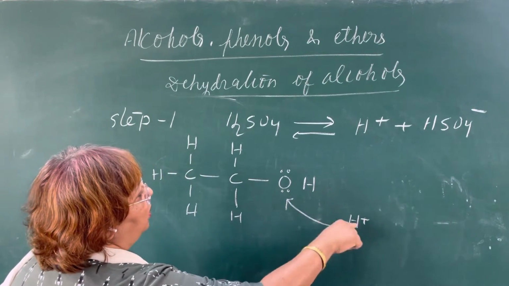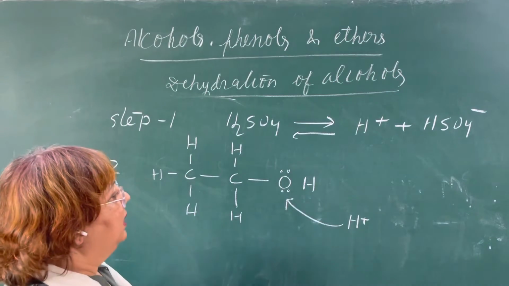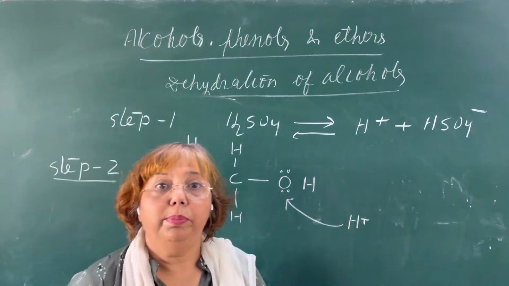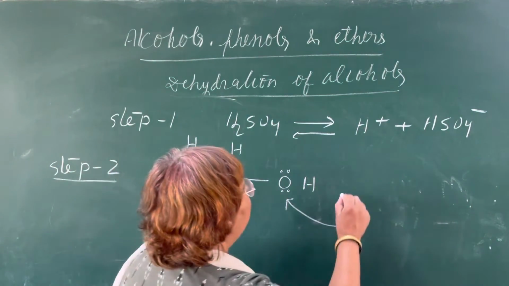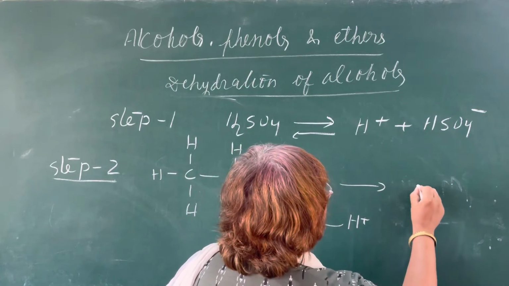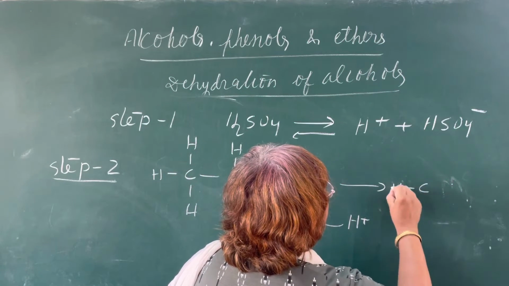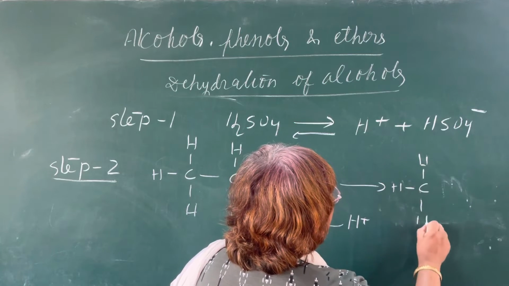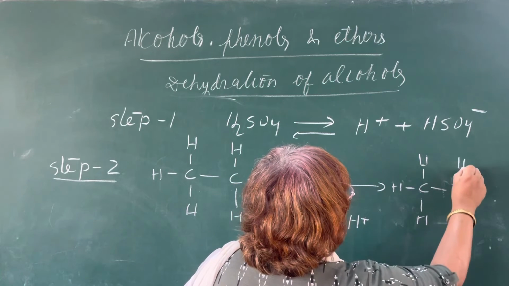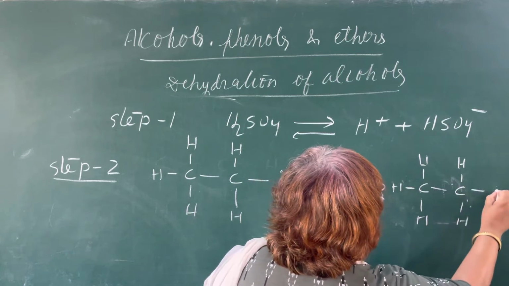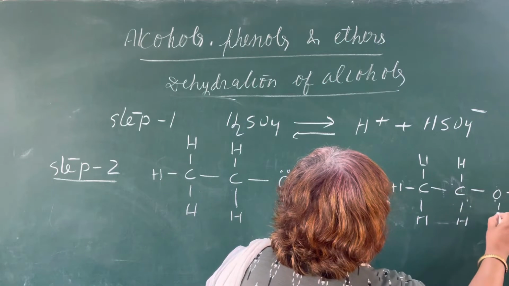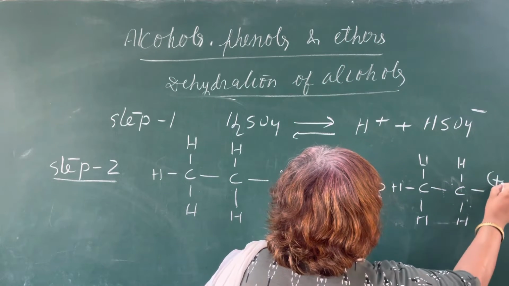It is able to coordinate its electron pair to H plus ion, and it results into a protonated alcohol. So alcohol is protonated in the second step, that is CH3CH2OH2 with a positive charge on oxygen.